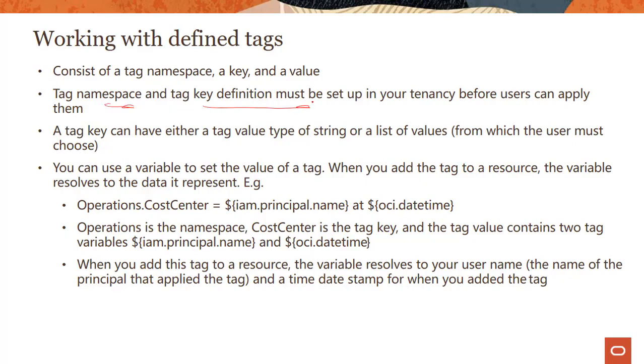Maybe it's a compartment admin, maybe it's a tenancy admin who sets it up, so you as users can use them. A tag key can have a tag value type of string, or it can also have a list of values from which the user must choose. So you can also provide options where the user only chooses from a specific set of values.